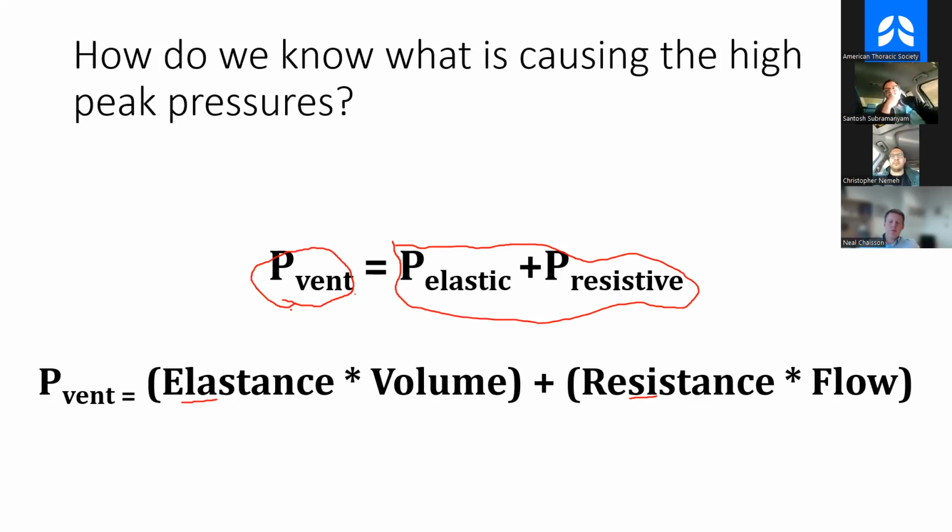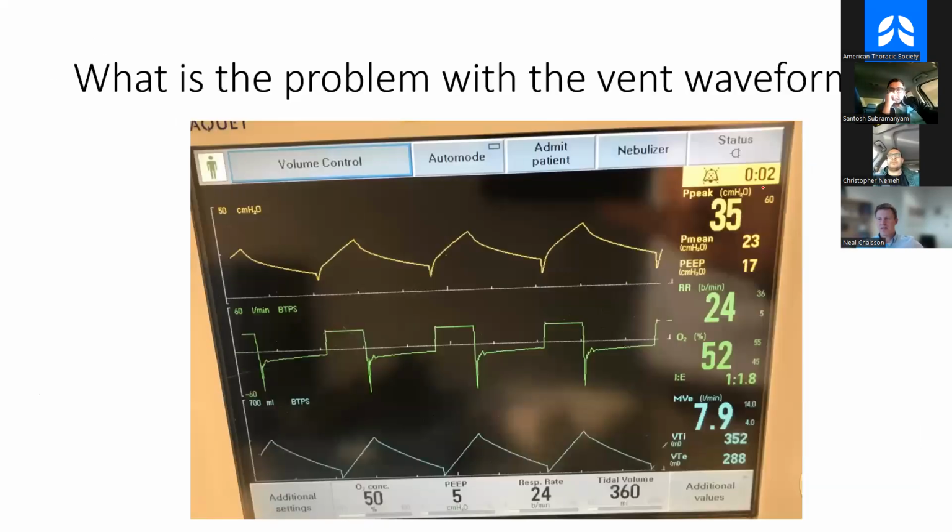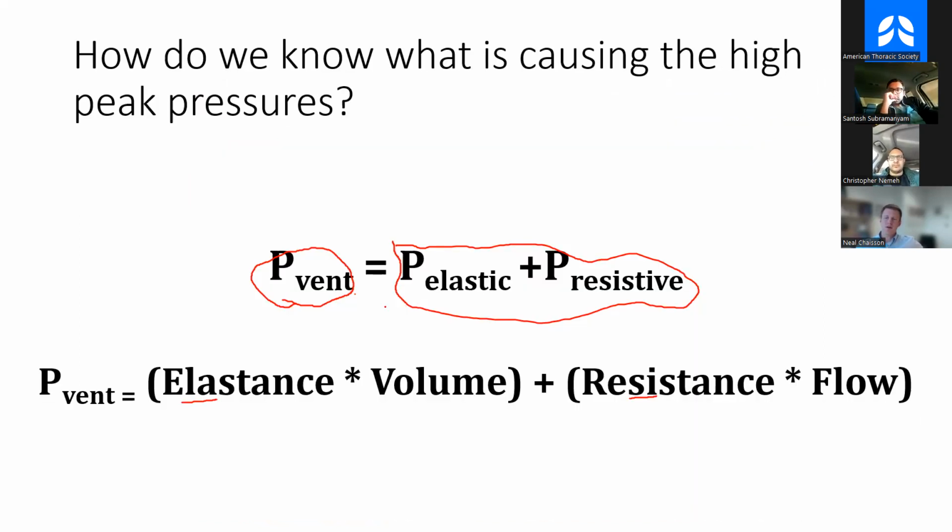Now, remember I said that peak pressure was 35. You see this? 35. So how would we figure out what component of that 35 centimeters of water is related to the elastic pressure and what component is related to the resistive pressure? Can we separate those two? How might we figure that out?